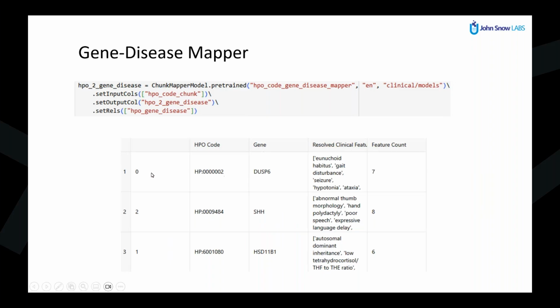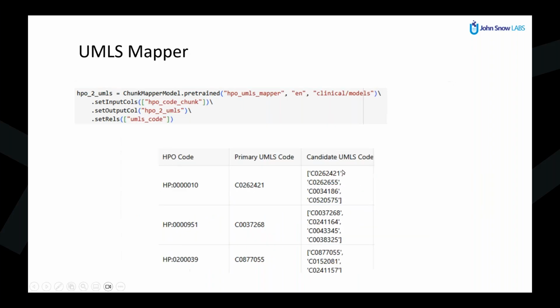Like this one, I forgot to put the phenotype here, but the HPO code is right here, related gene is right here. So there are 7 related features in the resulting clinical features. So it's quite useful.